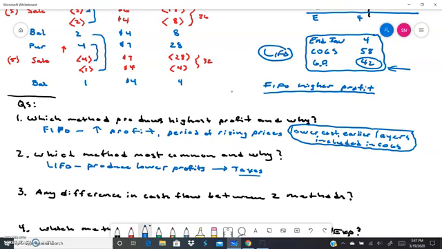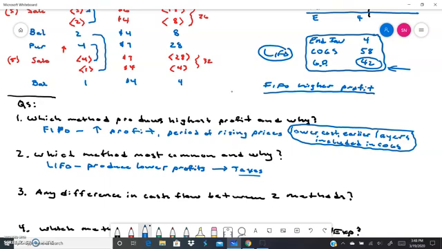So users wouldn't necessarily penalize the company for reporting lower income, because they would know that LIFO is having an impact on the profitability and is causing that profit to be lower. So with the full disclosure of the method that's being used, the firm would probably not be penalized by investors, because they would understand that the company is aiming to reduce their tax bill, and that's why they're reporting reduced earnings.